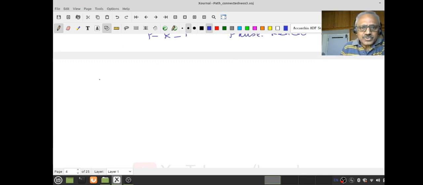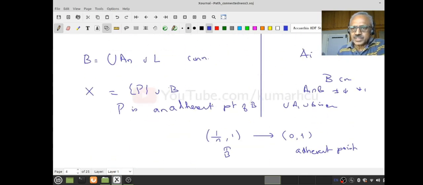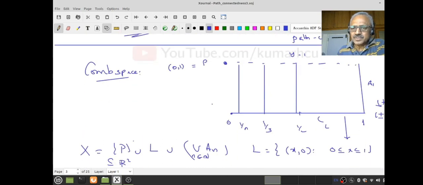Now I just want to say X is not path connected. Now let's look at the picture. Can you think of 2 points for which there is no path which connects them?